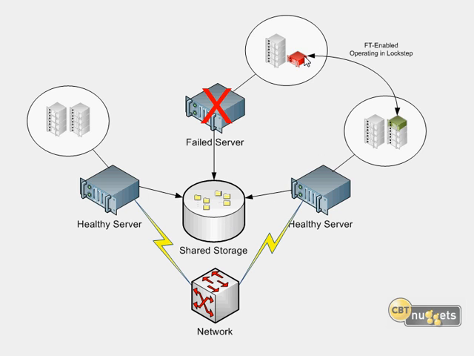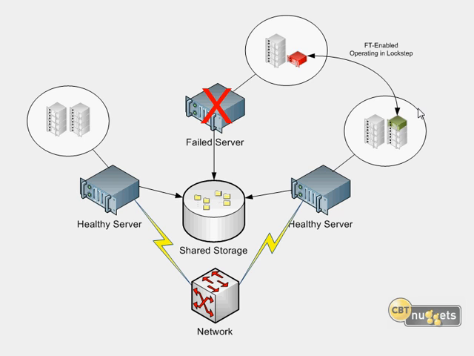And every time something changes on this VM, it automatically changes over on this VM in lockstep. So bam, change happens, bam, it's replicated, bam, change happens, bam, it's replicated. And this creates essentially 2 copies of that workload, 2 copies in your shared storage, 2 copies on 2 different servers, such that if this server does indeed die, well, then the surviving machine can take over almost immediately from the failed server. No loss in service.